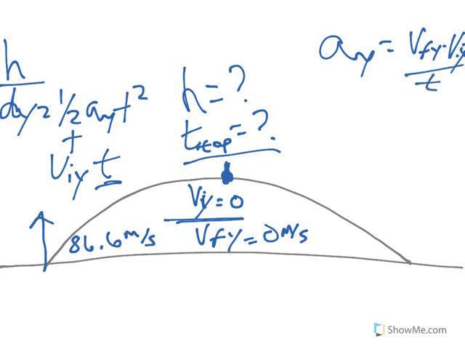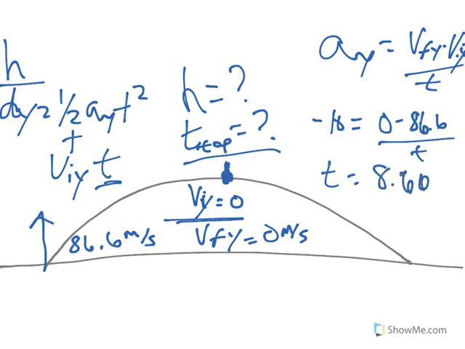In this case, the initial velocity in the y is not 0 because it's initially going up. So we do negative 10 equals 0 minus 86.6 divided by t, and t, if you solve for this, equals 8.66 seconds. But this doesn't give us our answer because we need to know how high the cannonball goes.